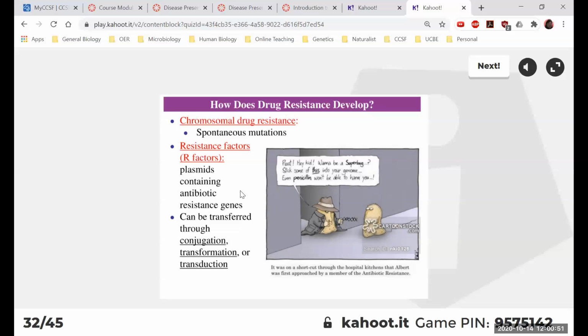So it's very easy for them to get the plasmid from another bacterium, through conjugation, transformation, or transduction. This cartoon is pretty funny. You have a bacterium walking along the alley, and the guy says, "Hey kids, want to be a superbug? Here is a plasmid DNA. Basically, you can stick it to your genome, and then you're resistant to antibiotic treatment."